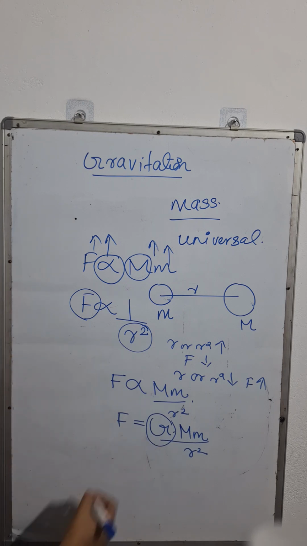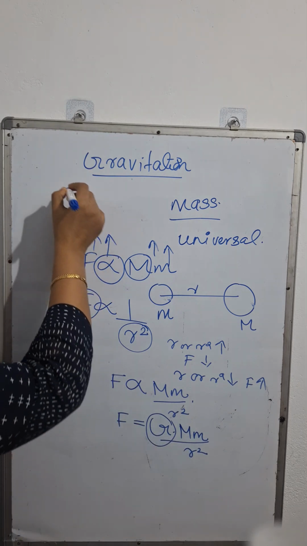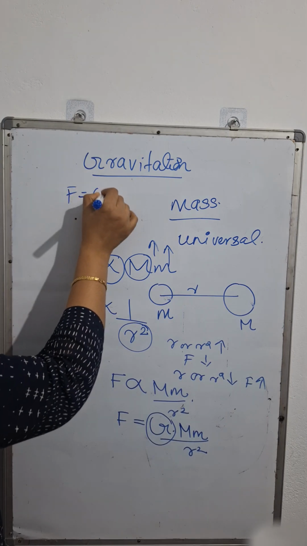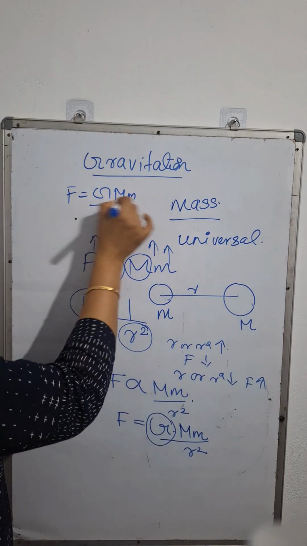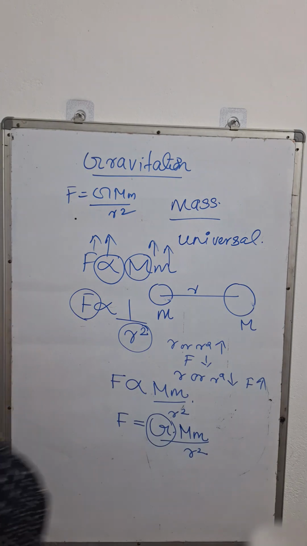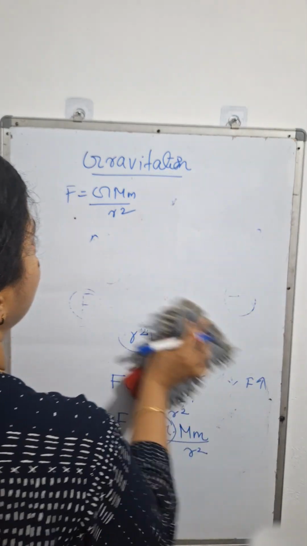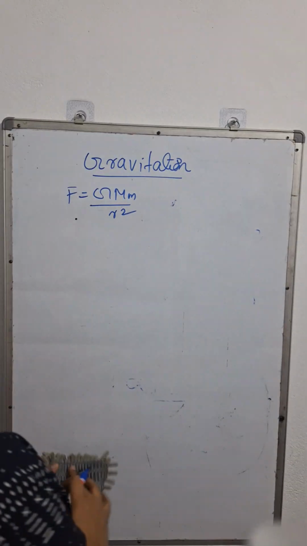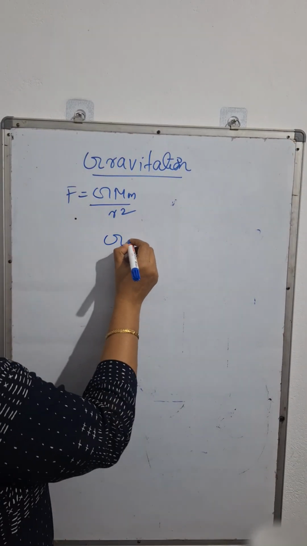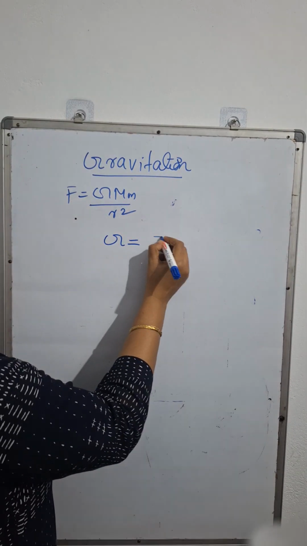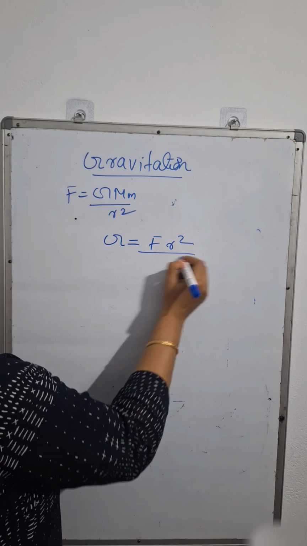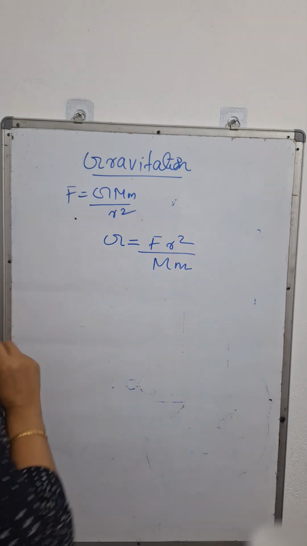Okay. Then what will be the unit of G? We have F is equal to G m M by r square. From this, let us find out the unit of G. So how can we write G? G is equal to F into r square divided by m into M. Is it?